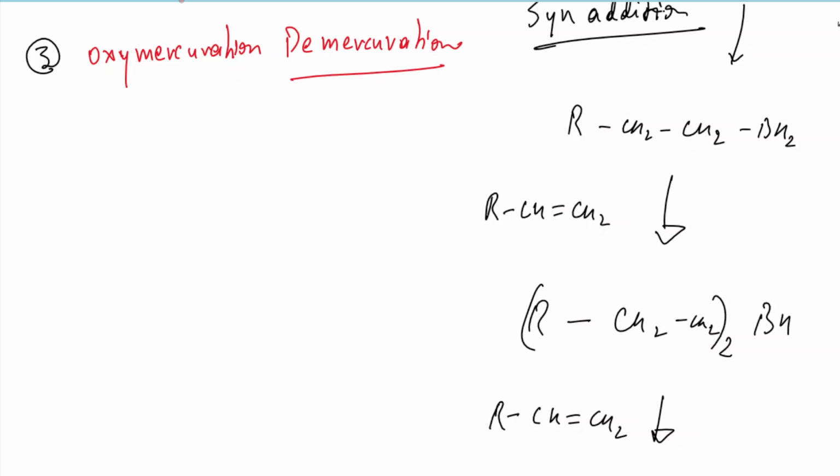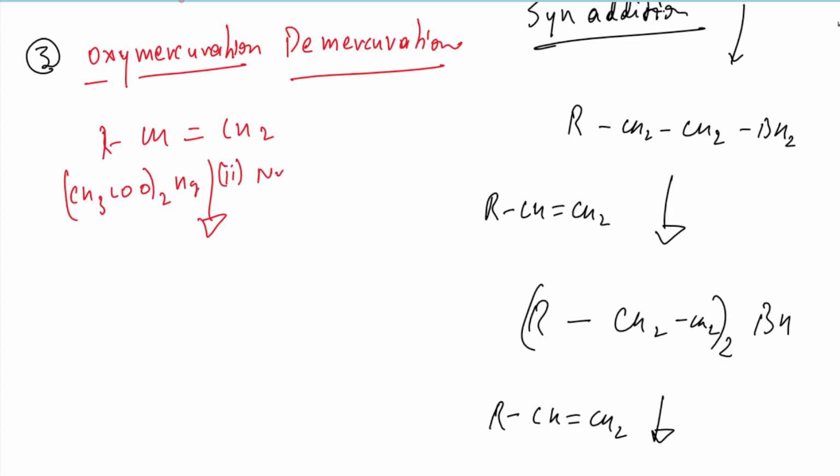So what is oxymercuration demercuration? It just yields the Markovnikov product without any rearrangement. No carbocation is formed here. The reagents used here are RCH=CH2, that's reacted with Hg(OCOCH3)2, mercuric acetate, in the presence of water, then it's further reacted with NaBH4.